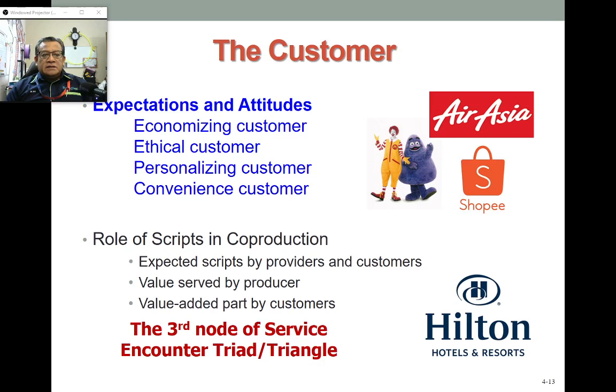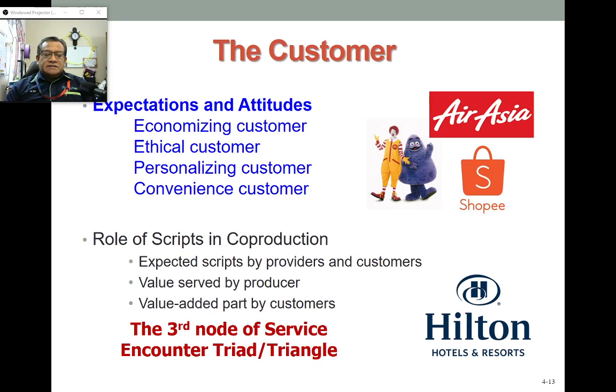Take a look at the economizing customer for an airline like Air Asia. Air Asia's slogan is "Now everybody can fly." So the question is how you can ensure that everybody can fly, at what cost the customer has to pay, and in what way they can fly.